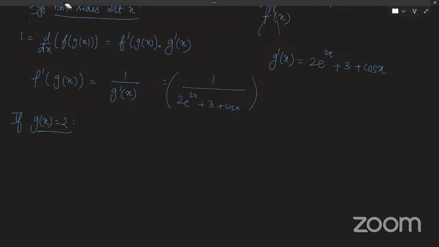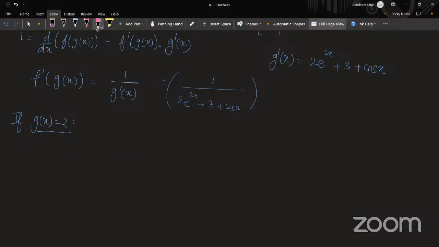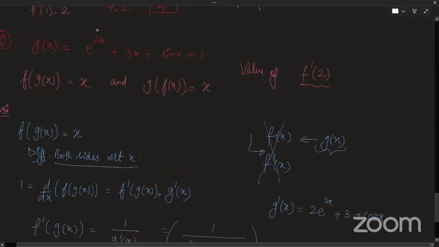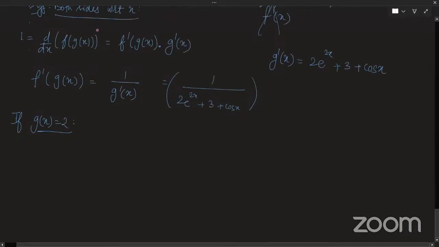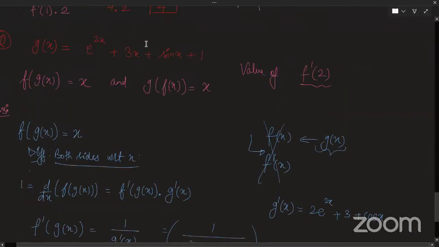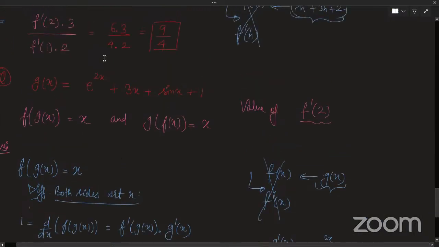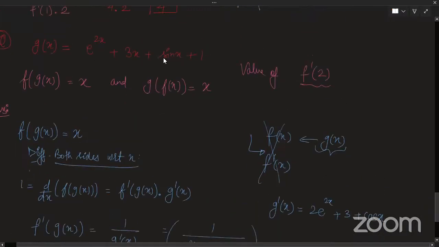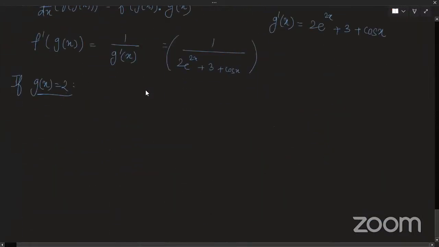Yes. So I want you to think and tell me, for what value of x will g of x be 2? It is really easy to think. Can you tell me at what value of x g of x will be 2?